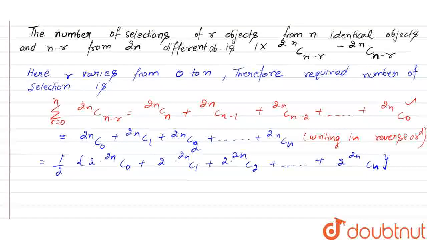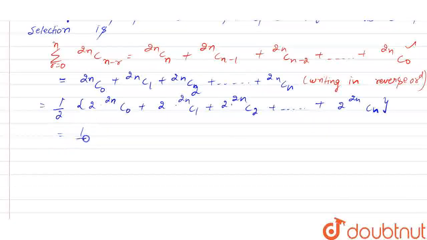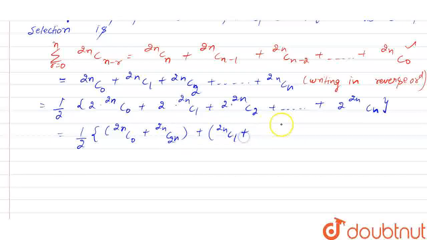So now after solving it we have 1 by 2, by making pairing of digits. We have 2n c 0 plus 2n c 2n. Similarly we can write 2n c 1 plus 2n c 2n minus 1, and so on, plus 2n c n minus 1 plus 2n c n plus 1.